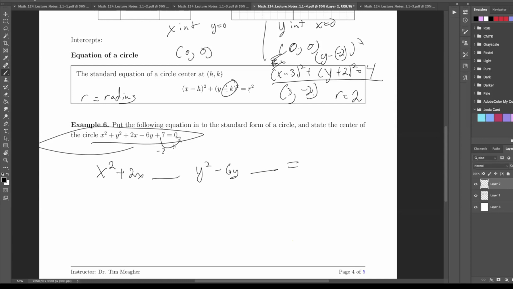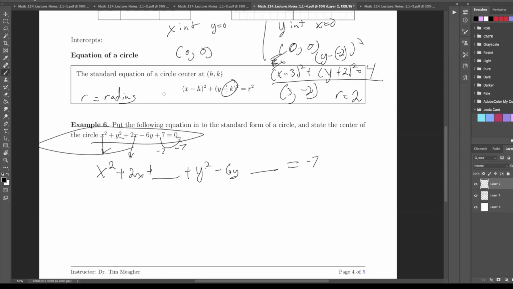So I'm going to subtract 7 from both sides. All I did was reorder it. I took this, put it here. I take the x, put it here. I left a blank spot on purpose. Then it's going to be plus the y squared here, plus the negative 6y here, and I left a blank spot on purpose. In order to complete this, it's a technique called completing the square.